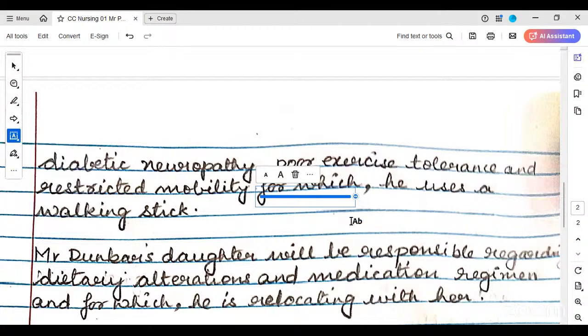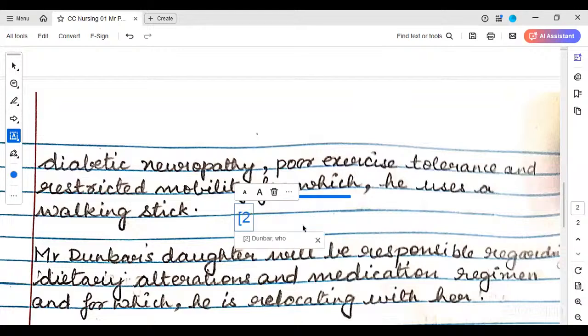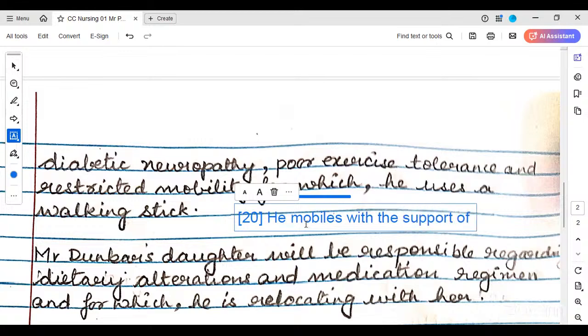So this is point number 20. Or just say, he mobilizes with the support of.